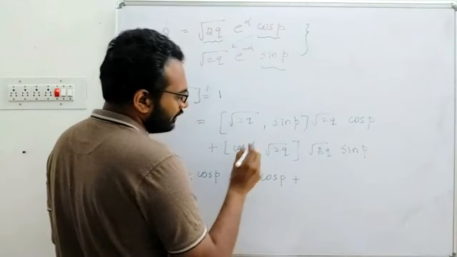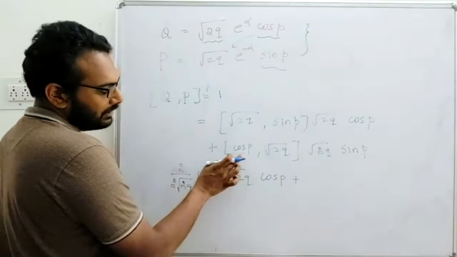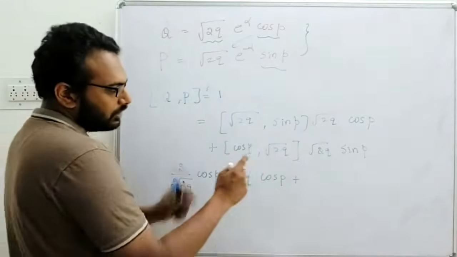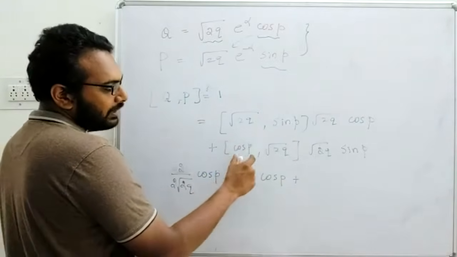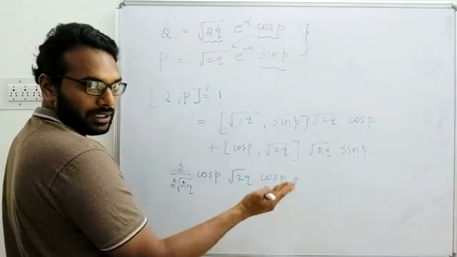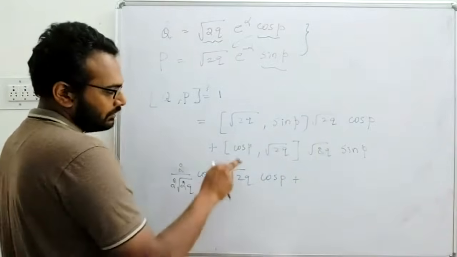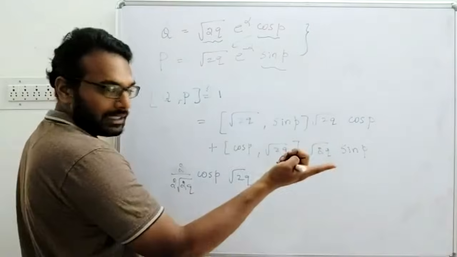You see that here you need to take the derivative of the first thing, the first term in the Poisson bracket fundamental relation, is 0, right? Because dou cos P by dou Q is 0. So you only take the second thing, that's enough. For the second thing, you have a minus sign.